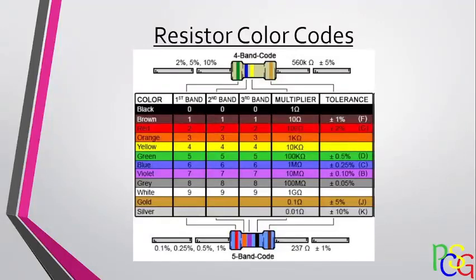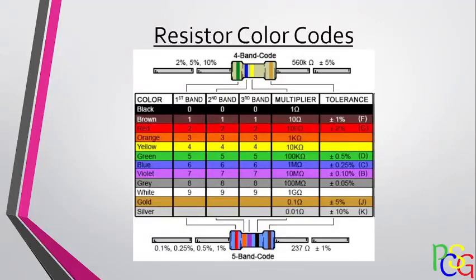Normally you have 4 band resistors, 5 band resistors, 6 band resistors, etc. So how it works is, the first band gives you the first number, the second band gives you the second number.